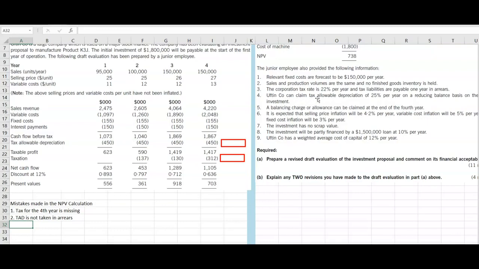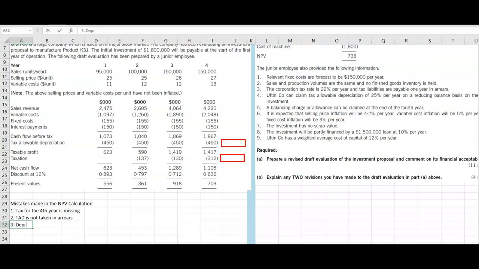The company can claim tax allowable depreciation of 25% on a reducing balance basis on the investment. So we are not going to calculate that, but still if you look at the tax allowable depreciation, it is only 450, but here they have mentioned it as a reducing balance basis. If it's the same number every year, it means they are using the straight line method.